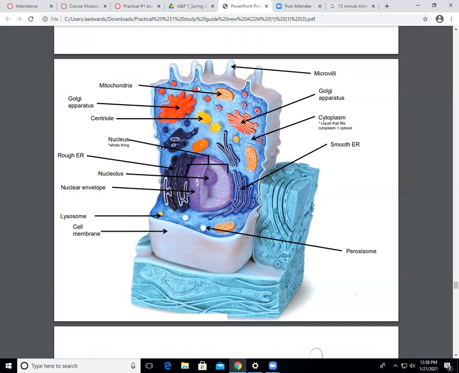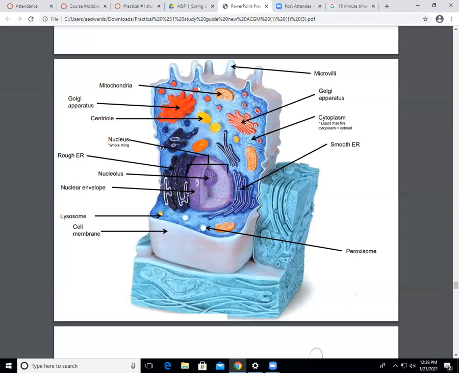Now, ribosomes can be free floating, or they can be attached to endoplasmic reticulum. Okay, so if the endoplasmic reticulum has these dots on them, the bumps, those are ribosomes. Okay, if it has those, it's rough. So the R in rough means it has ribosomes. If the endoplasmic reticulum does not have ribosomes on it, it's smooth. Okay? And they're just outside the nucleus. Okay, that's where those are.